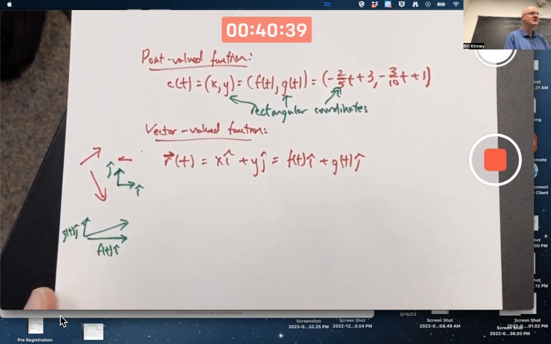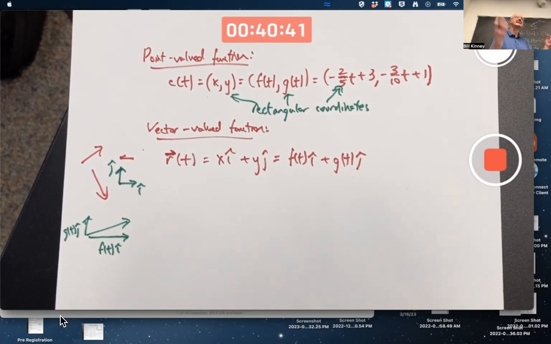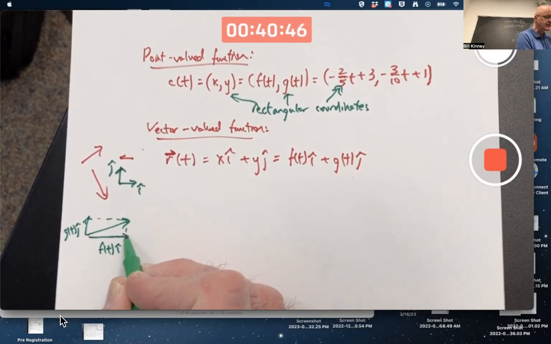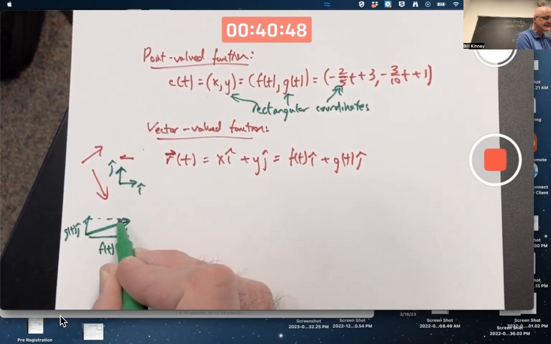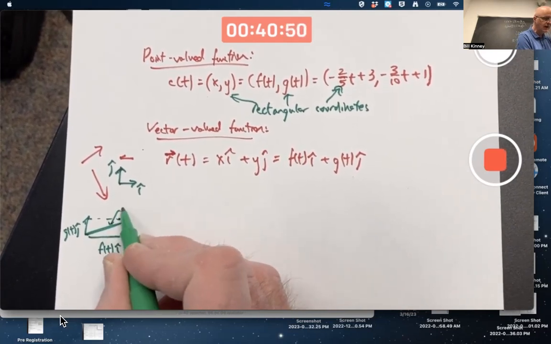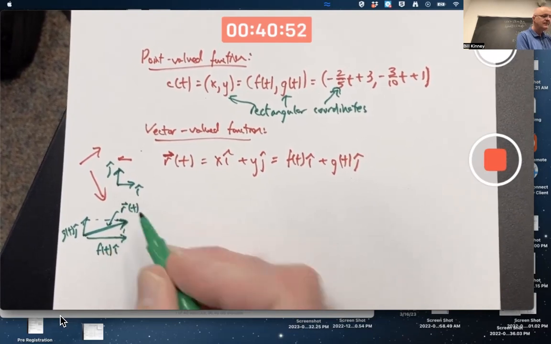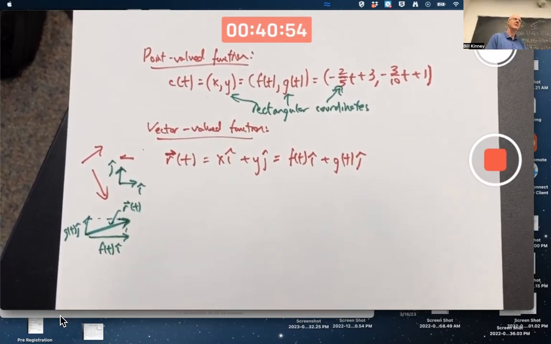Essentially, I've taken i hat and j hat and scaled them by some scaling factor. And then if you combine them in this kind of picture with a rectangle here, this is the resultant vector. This is the r of t. I don't want to get into details of why in the world you would do this. It is related to applications in physics. I'm just trying to inform you about it.